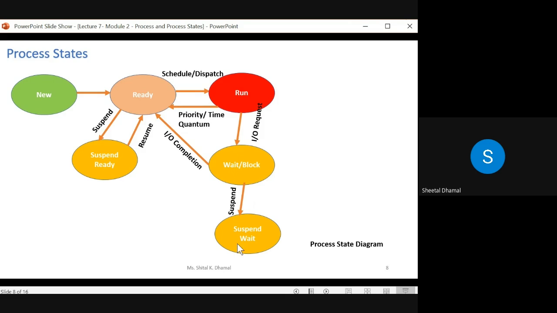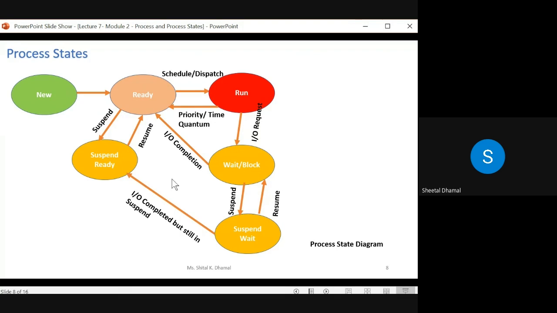Once the input output job of this higher priority process is completed, it is placed into the ready queue, and now this queue is free, so the process present in the suspend wait state is resumed and will get placed into the wait block state.